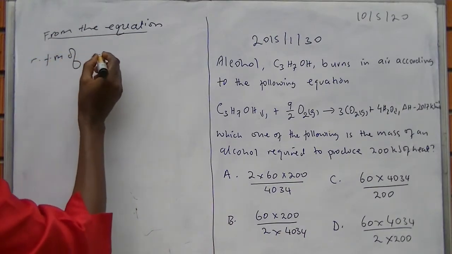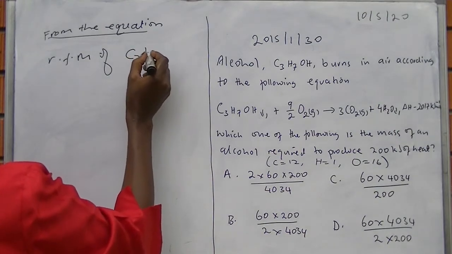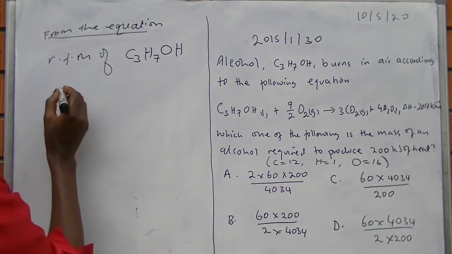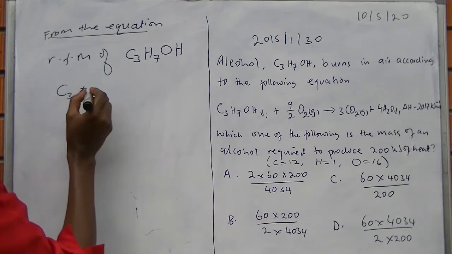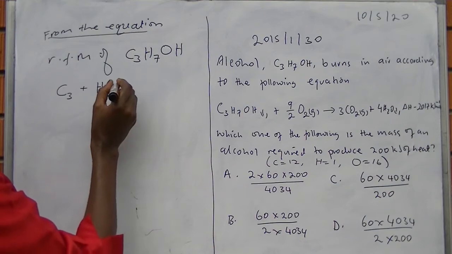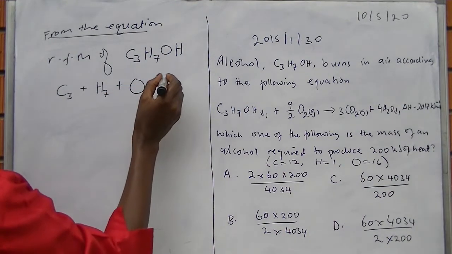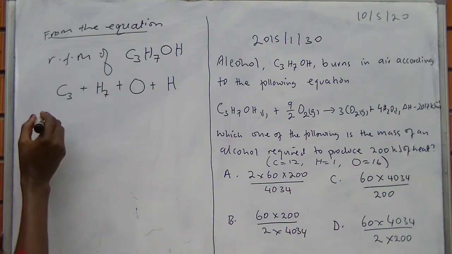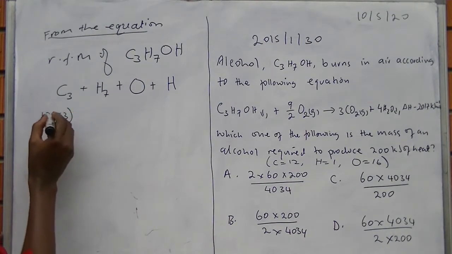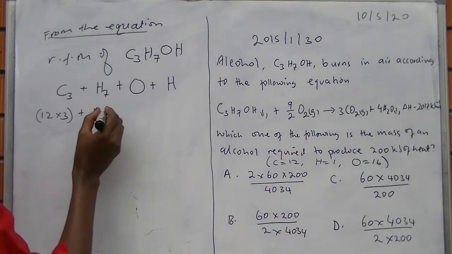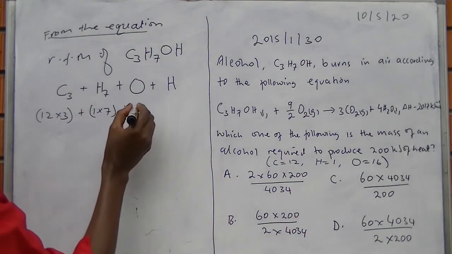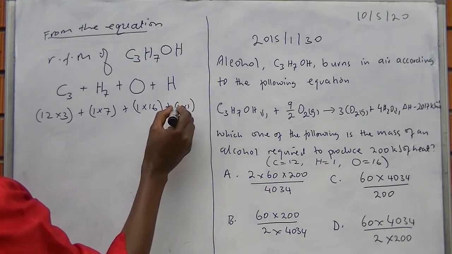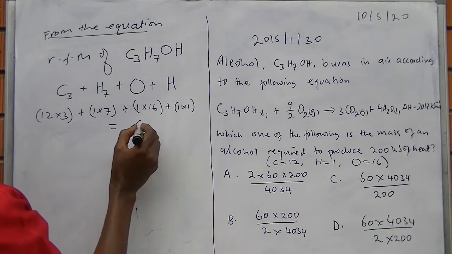RFM of the alcohol, which is propanol, C3H7OH, is 3 atoms of carbon plus 7 atoms of hydrogen plus 1 atom of oxygen plus 1 atom of hydrogen. Carbon is 12: 12 times 3 plus 1 times 7 plus 1 times 16 plus 1 times 1. And the answer is 60.